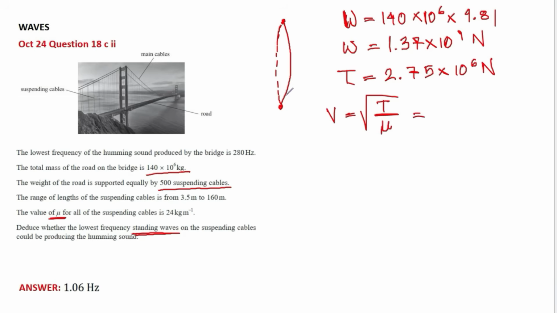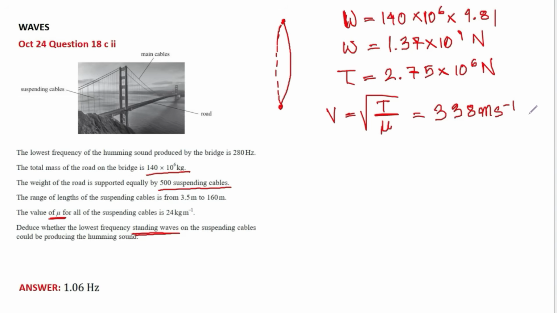So you get the speed of the wave that forms the standing wave, right? So T is 2.75 times 10 to the power 6 divided by mu is 24, and then you do root over answer. The value is 338 meter per second. Right?